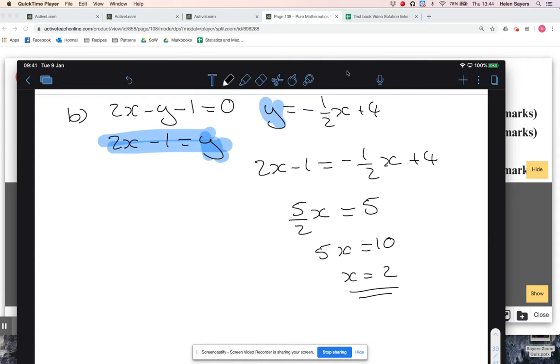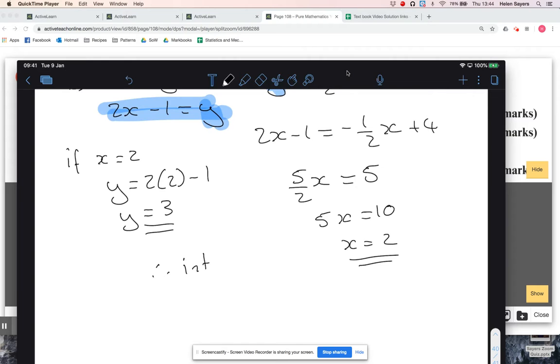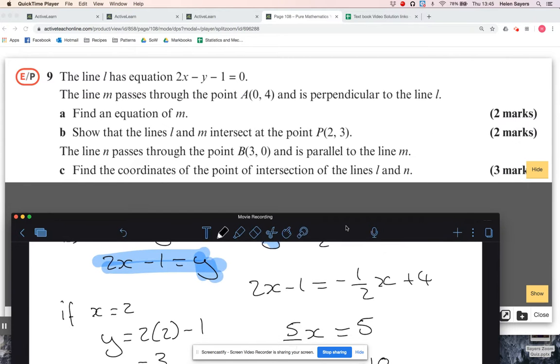If x is 2, y is 2x minus 1, so y is 3. Therefore, they intersect at 2, 3, which is what we wanted.